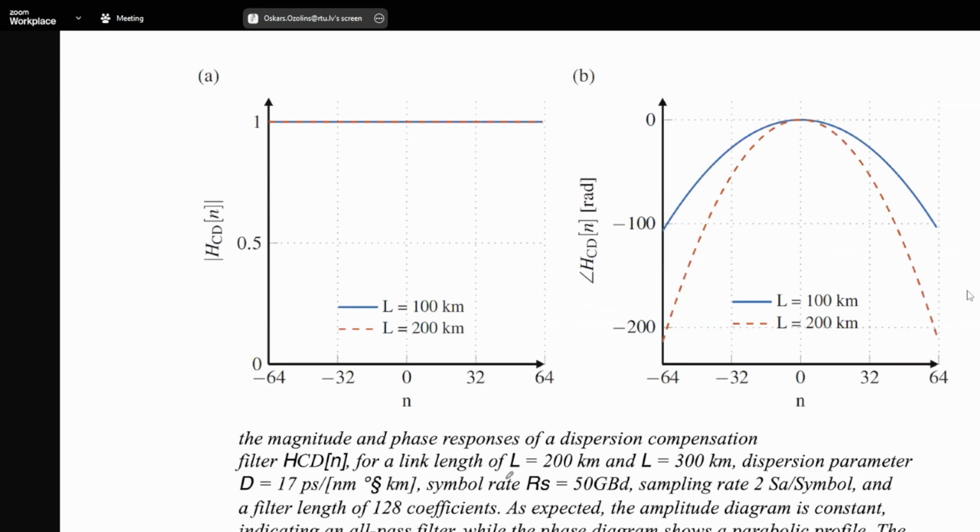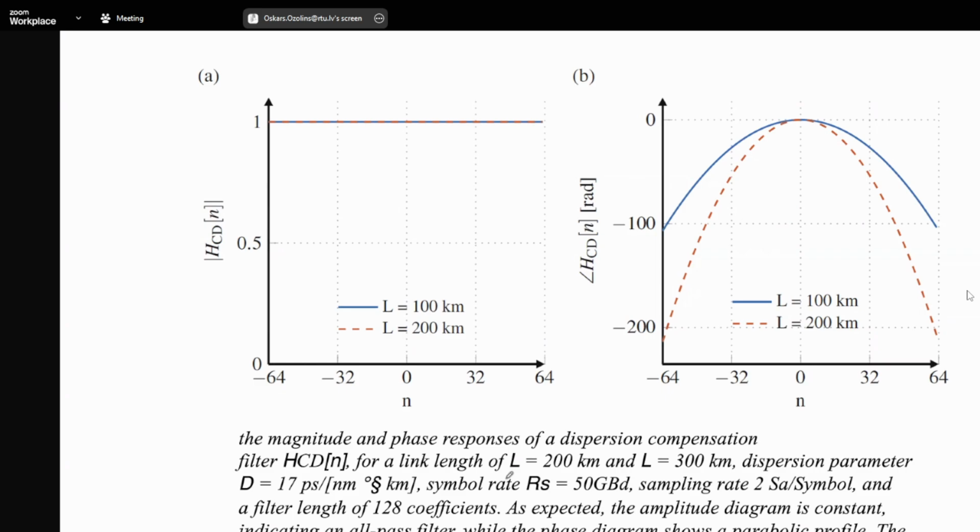Right, here are more examples for two different link lengths, showing the magnitude and phase responses of the dispersion compensating filter. Sorry, there should be a mistake in these descriptions. Clearly, the link lengths are 100 and 200 kilometers, and then we say what the filter length is in coefficients.